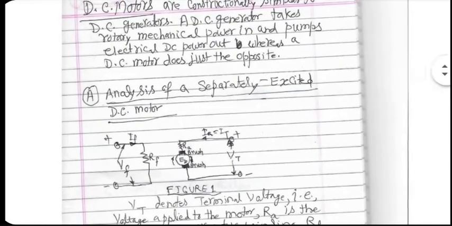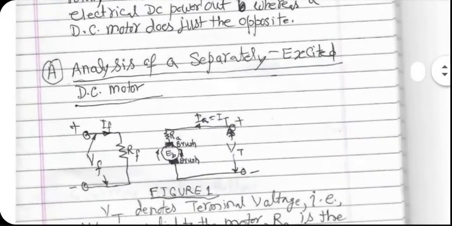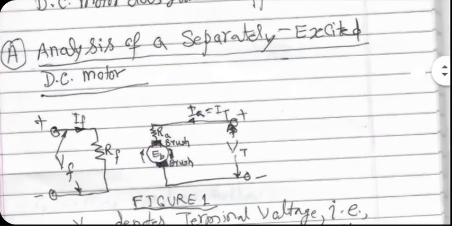For instance, if you look at a separately excited DC motor, you still have the field winding being energized using a separate DC source. No change in that. I'm calling the field winding voltage VF, the field winding current IF, and the field winding resistance RF. Exactly what I did for DC generators.